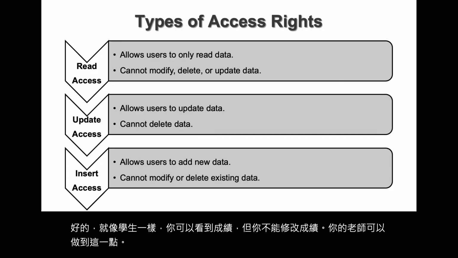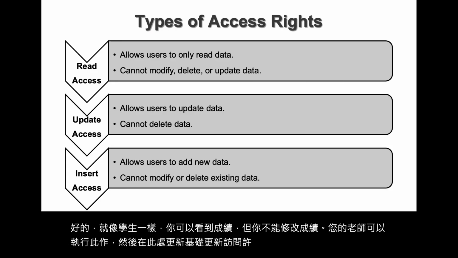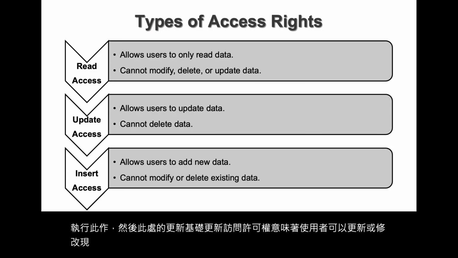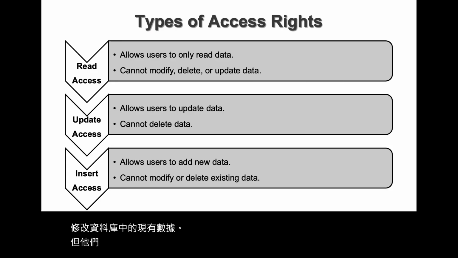Update access here means that users can update or modify the existing data in the database, but they cannot delete the data or add new data. They can only update existing data.